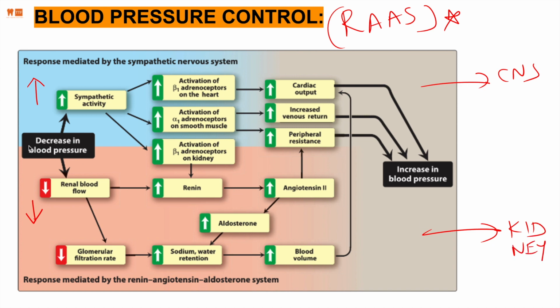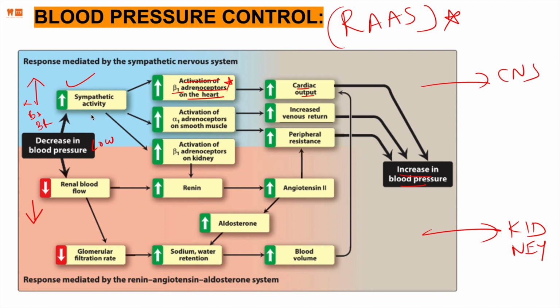Okay, so when there is low blood pressure, then the sympathetic nervous system activates. We know how, right? For example, baroreceptors, beta, alpha, things like that. Activation of beta 1 adrenoreceptors on the heart itself. When they're activated, cardiac output goes up, causing an increase in blood pressure. Simple.